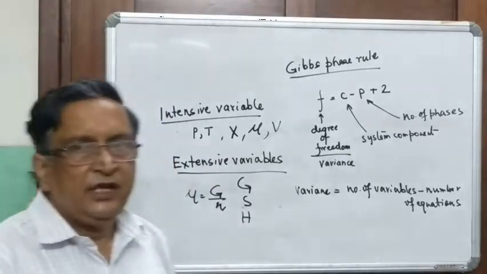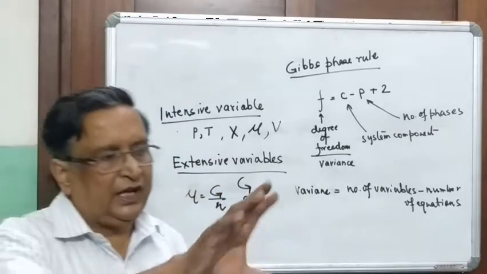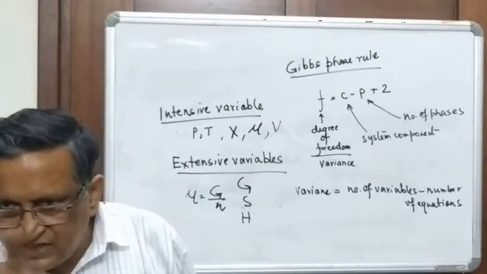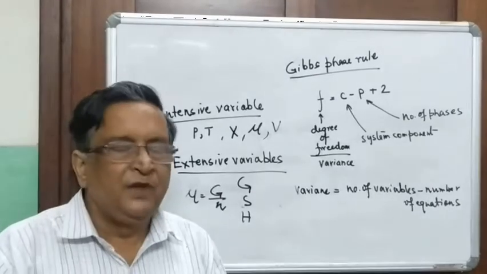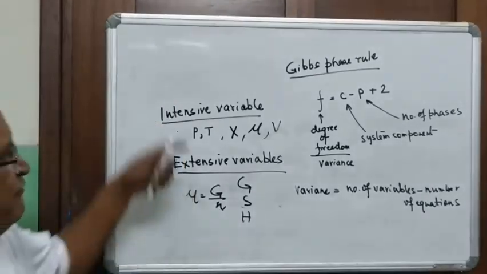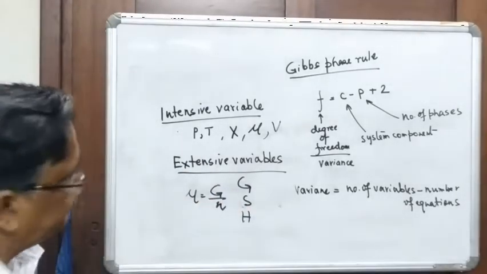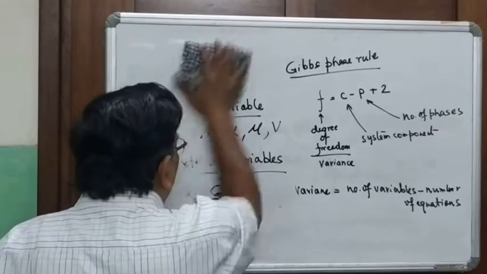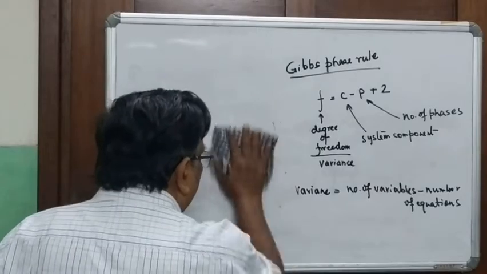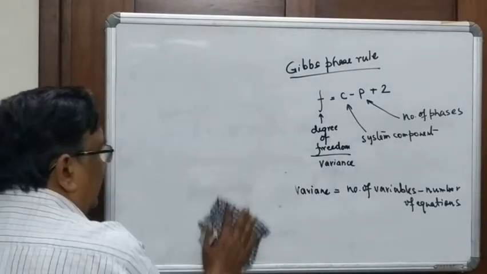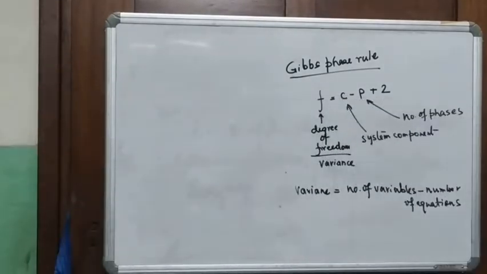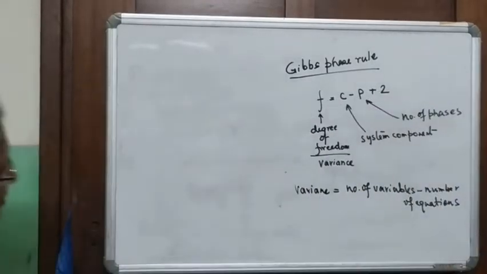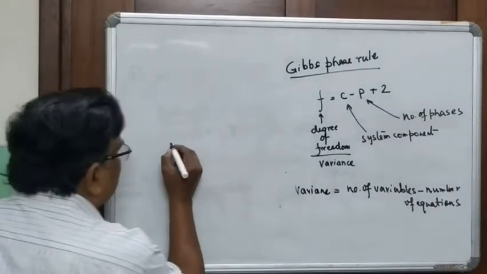So then they essentially correlate intensive and extensive variables. But let's talk about variables in general. Well, now let's take this phase diagram.